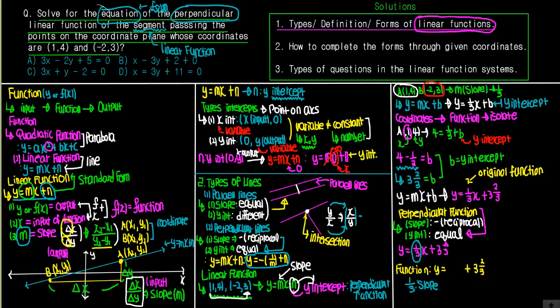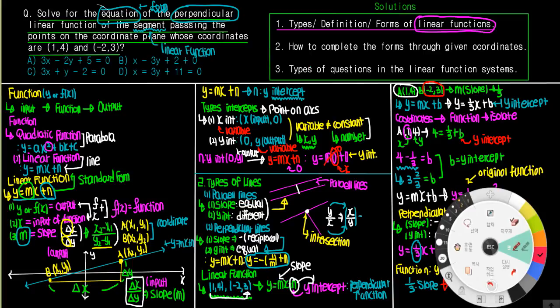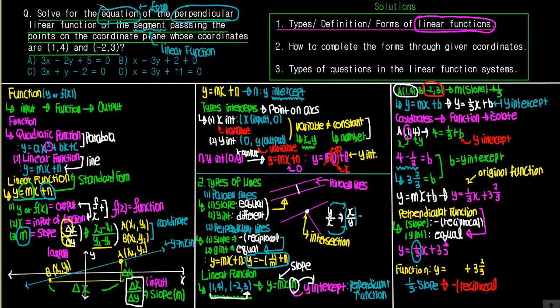If you want to solve for the slope of the perpendicular line, all you have to do is take the negative and the reciprocal. Firstly, the reciprocal of 1/3 is just 3. But we still need to add our negative, so it will be -3. -3 will be the slope of our perpendicular line. So y is equal to -3x plus 3 and 2/3 will be our answer for the perpendicular line.